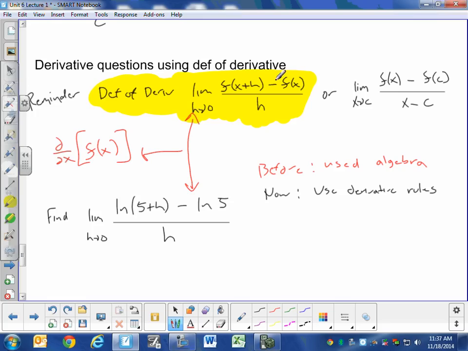Now, instead of x plus h, if I replace this x with a 5 or something, this is not just the derivative of my function, but it's the derivative of my function at a specific value.